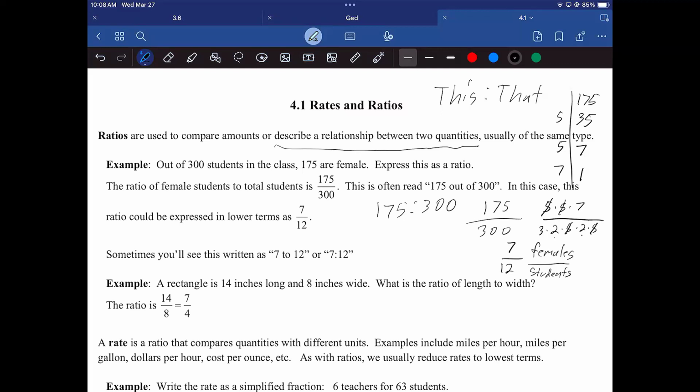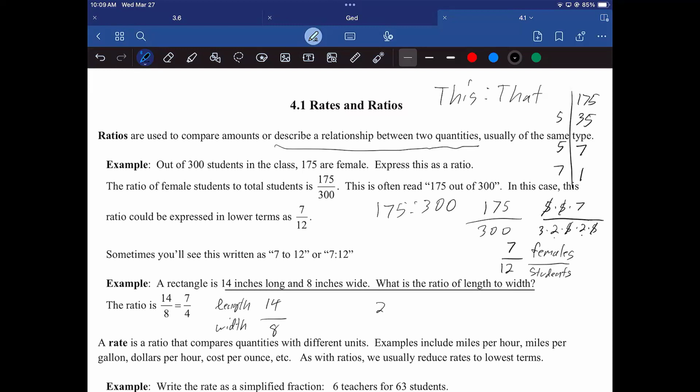All right. A rectangle is 14 inches long and 8 inches wide. What is the ratio of length to width? Well, on that, I'm just going to put the length is 14 inches. The width is going to be 8 inches.